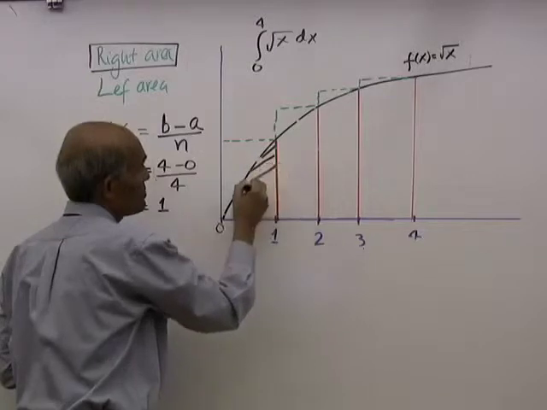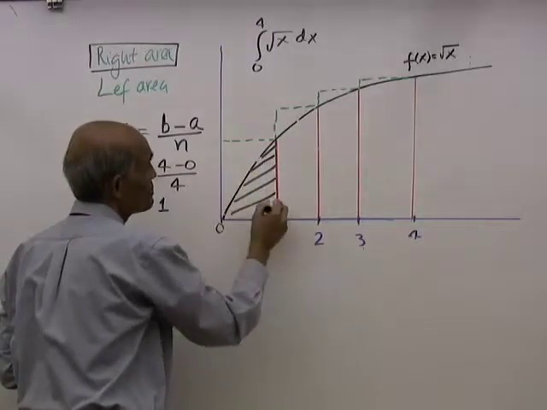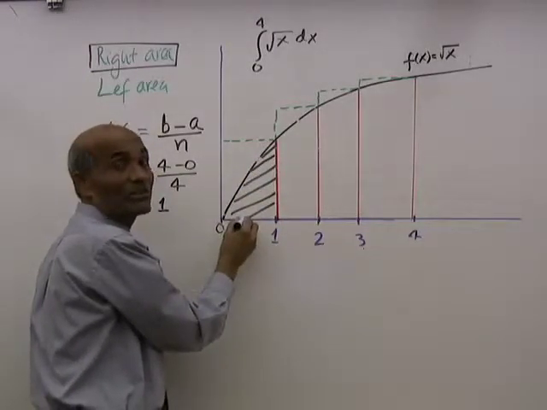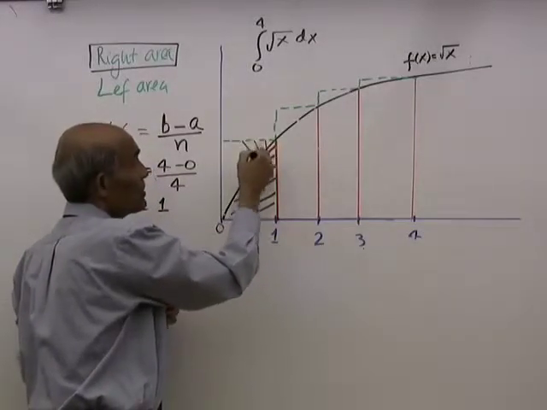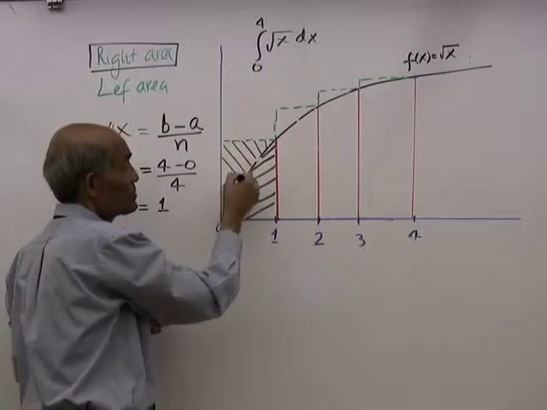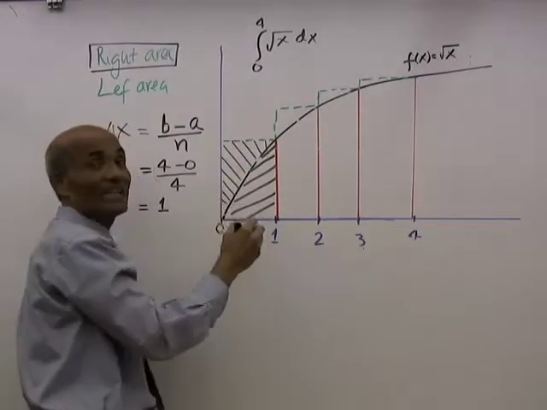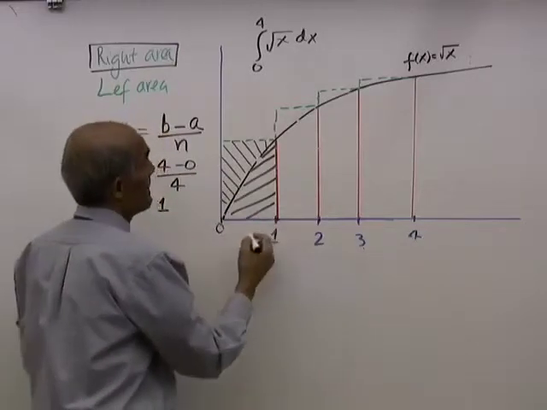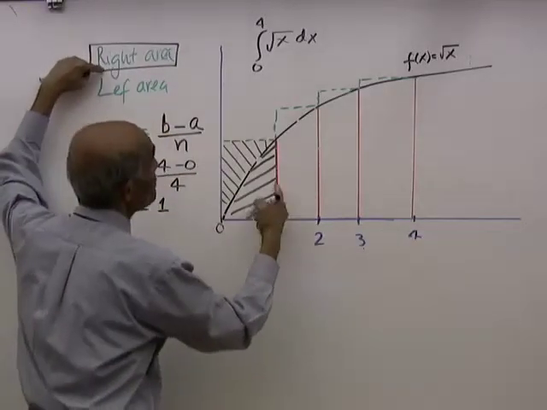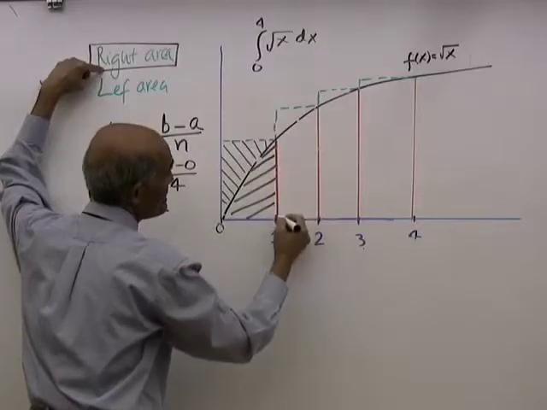This is the actual area that we are interested in measuring. But the area of the first rectangle actually includes that area also, which is in excess. So there is an error here. Now, the right area of the first rectangle will be this height.